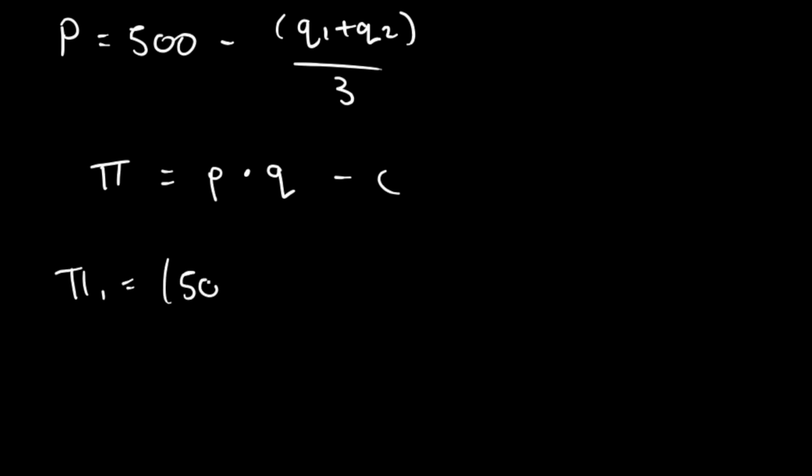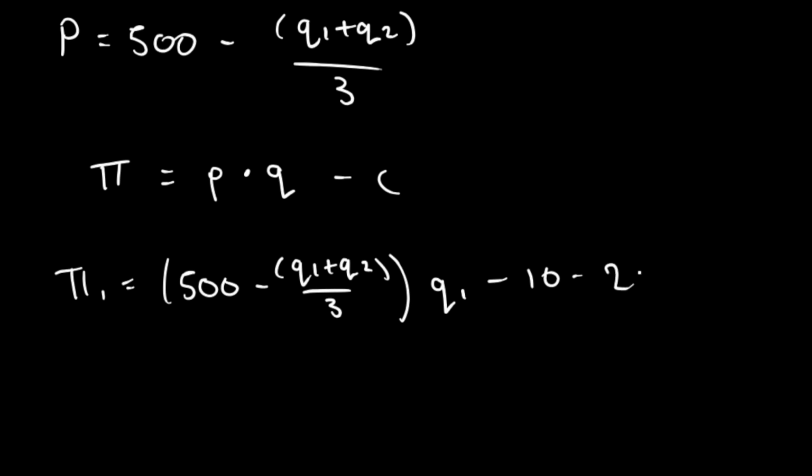So we plug in the market price, which we have at the very top, which is 2 divided by 3. We multiply that by the quantity of firm 1, because we're looking at the profit of firm 1, and then we subtract the cost. And the cost function, remember, which I mentioned at the beginning, is going to be 10 plus 20 Q1.